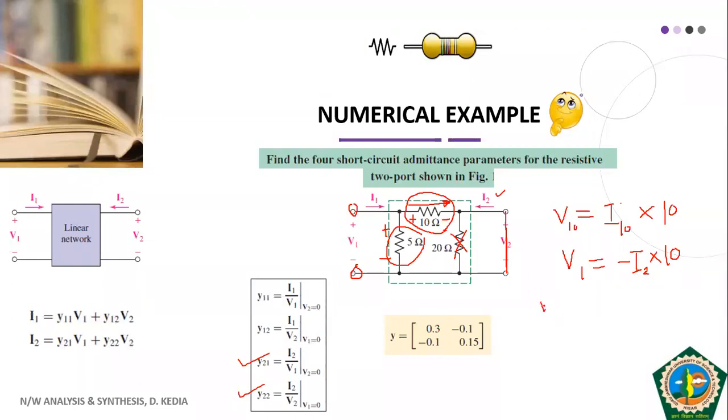If we solve that, it becomes I2 upon V1 is equal to minus 1 by 10, that is nothing but minus 0.1.